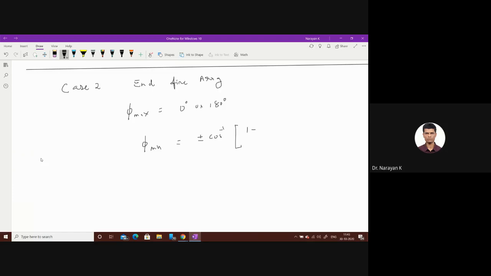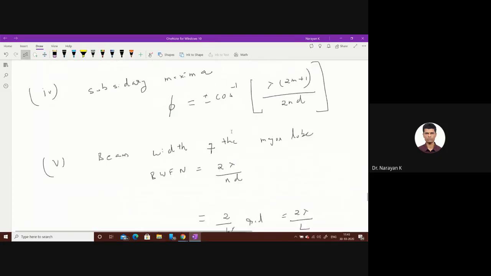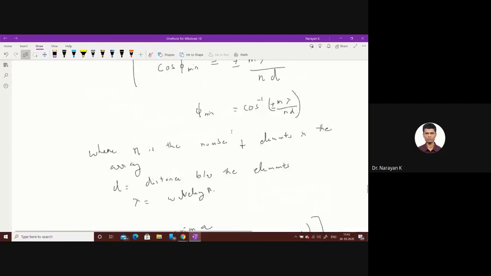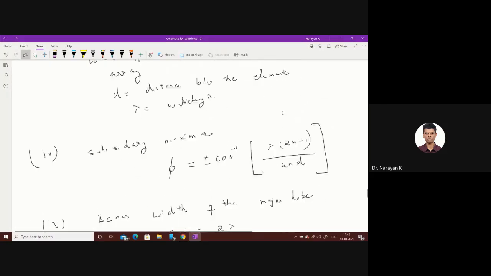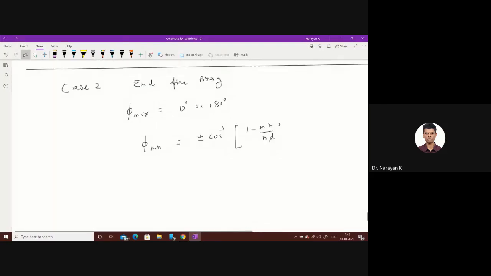These derivations will not come. In your broadside array, it was m lambda divided by nd. Now it is 1 minus m lambda divided by nd, where m is equal to 1, 2, 3, and so on. That is your phi minimum direction.